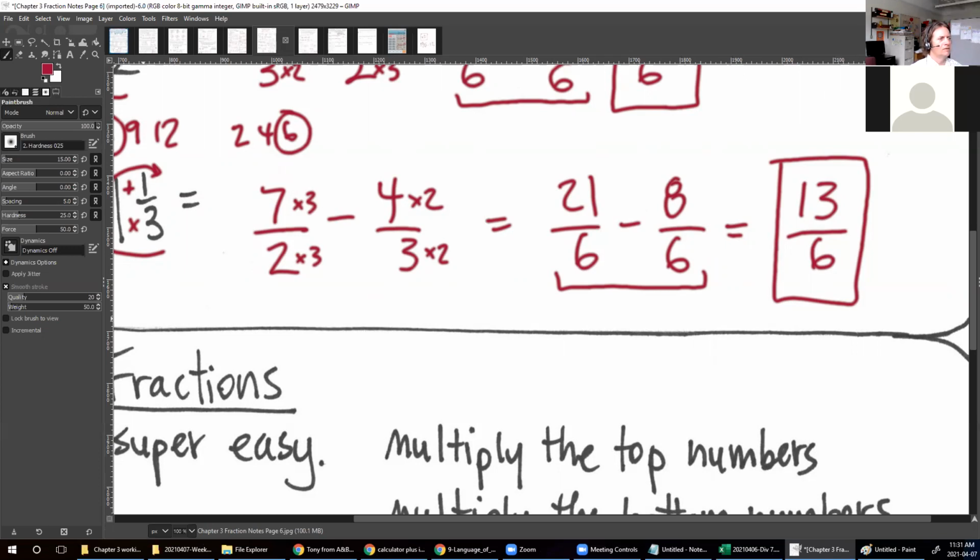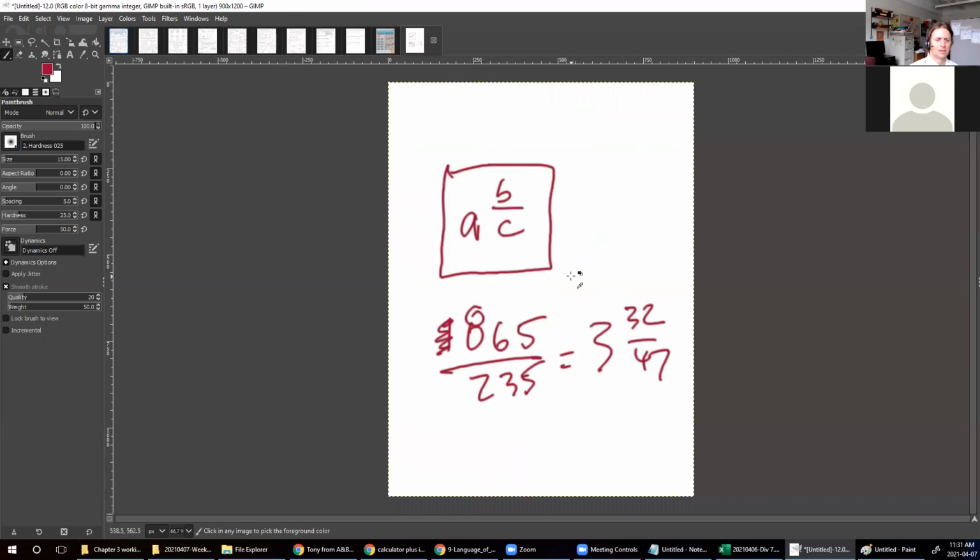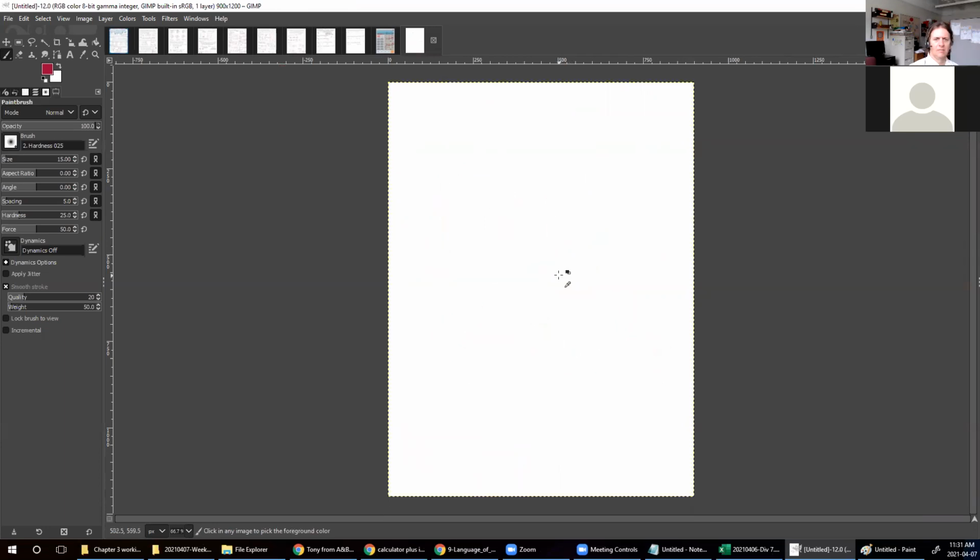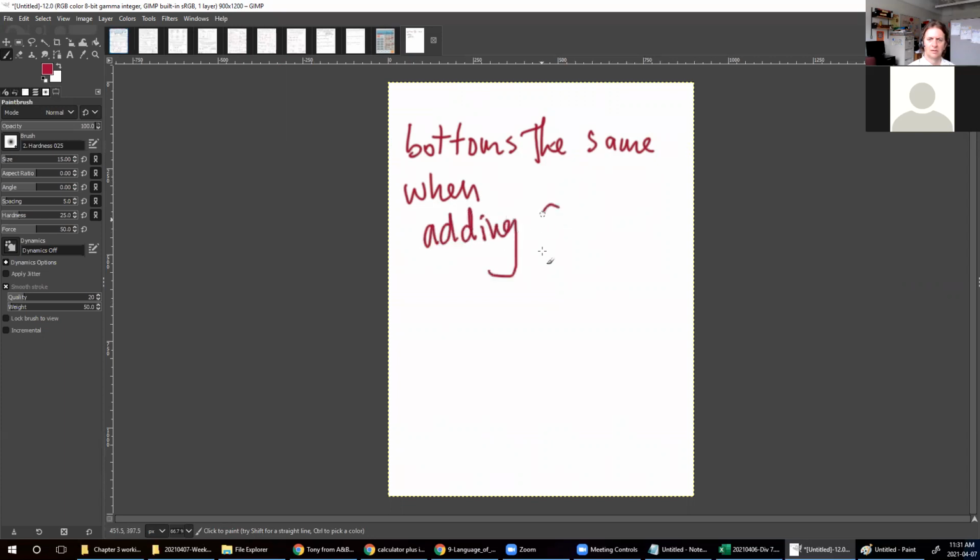How do you know if you have to make both the bottoms the same? Okay, so that's a really good question. I just want to write that here. The bottoms have to be the same when adding fractions or subtracting fractions.